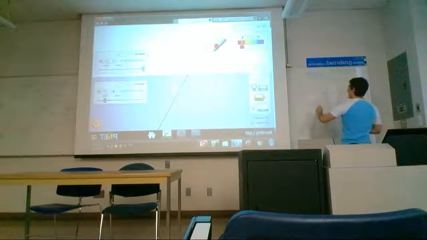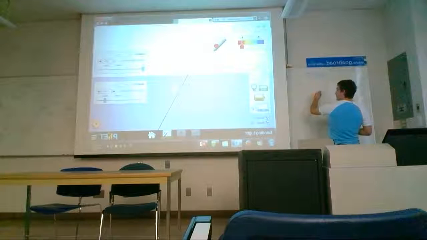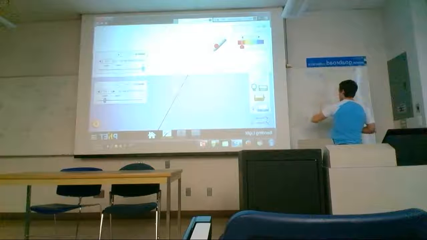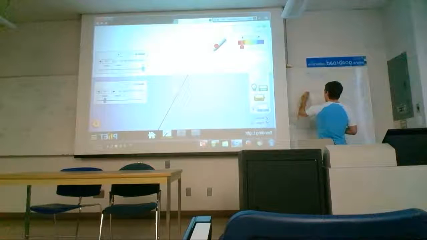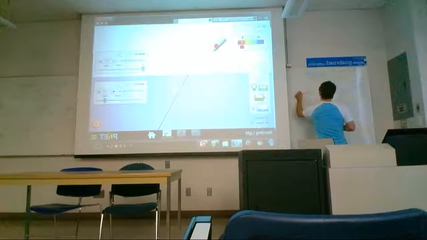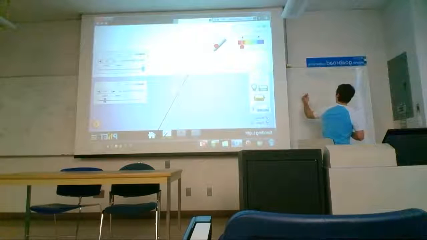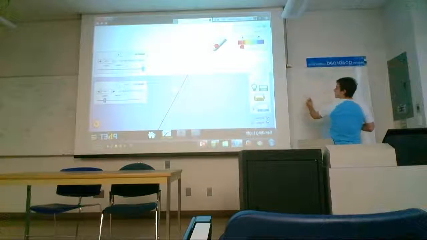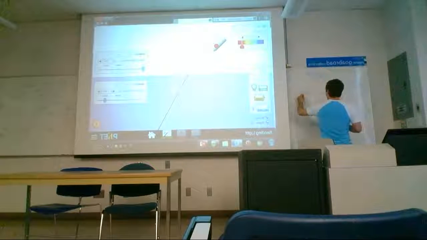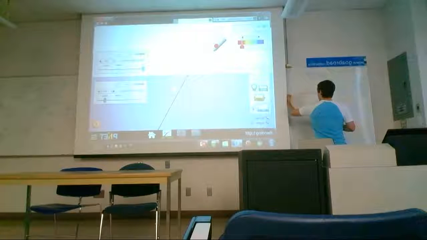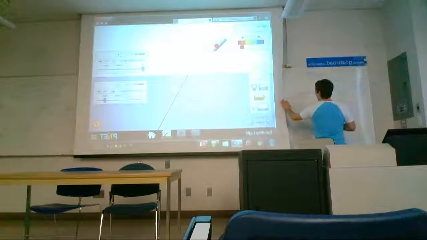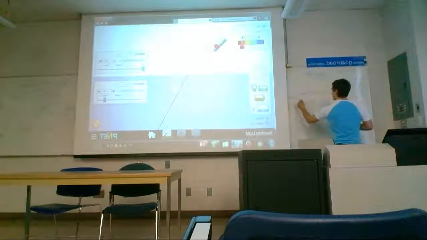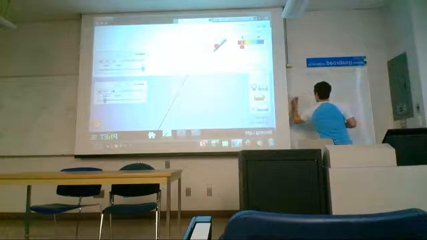And our refracted ray was what? 28.1. Towards or away? Towards. This is a case where N1 less than N2 goes towards, just as stated earlier.